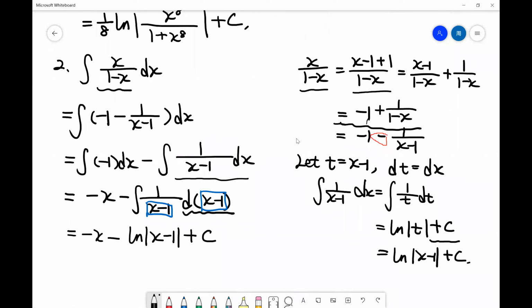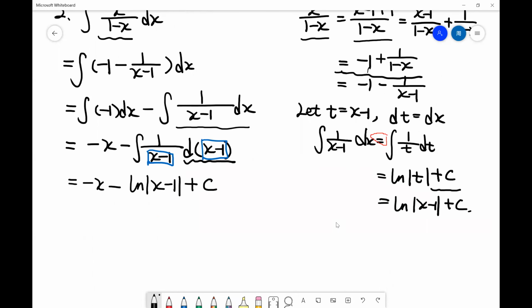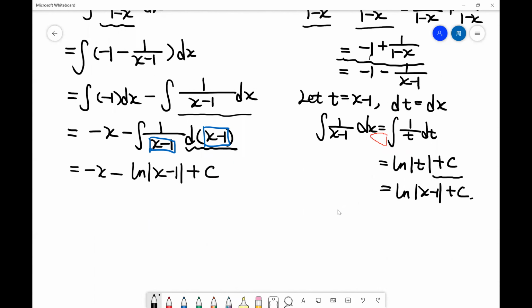Yeah, and here, if you want to use the substitution rule, you should pay attention to the sign. Okay, I will write below that if I didn't change it. Yes, Laoshi. Okay, that equals here should be minus 1 and then plus 1 by here, that is 1 minus x.